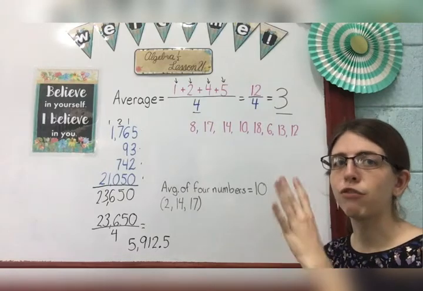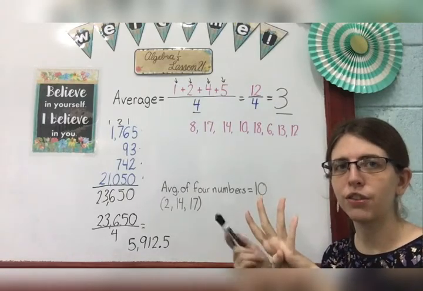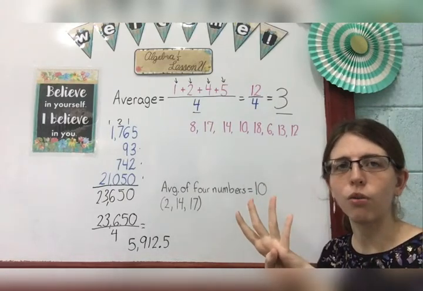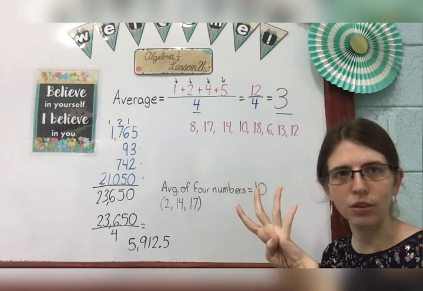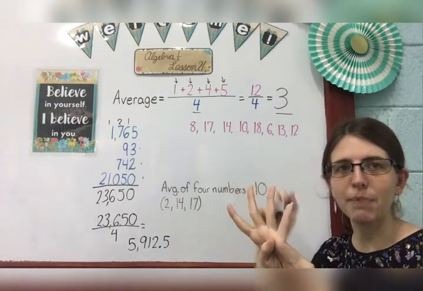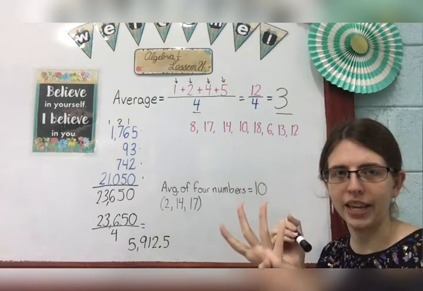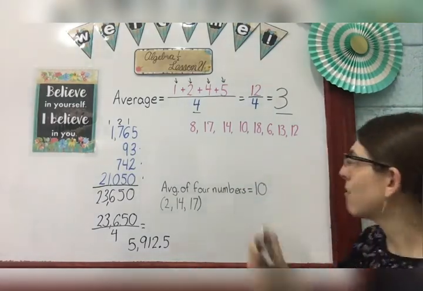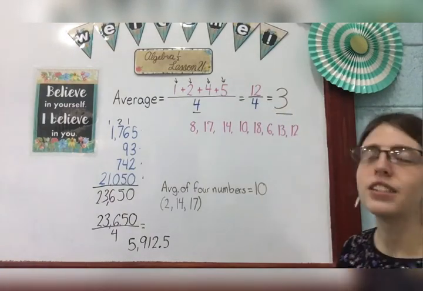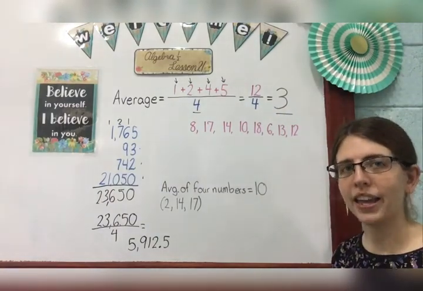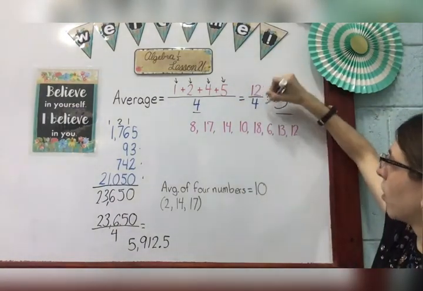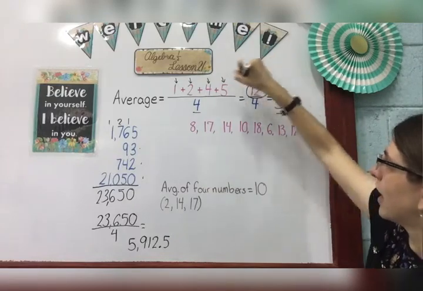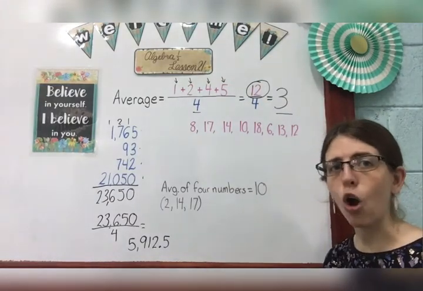So knowing that I have 4 numbers with an average of 3, I know what all 4 of those numbers added together equals, because I divided my sum by 4 to get 3. So I do the opposite to get the sum. I multiply my average times the number I divided by, and I get the sum. 4 times 3 is 12. It's always what you do.